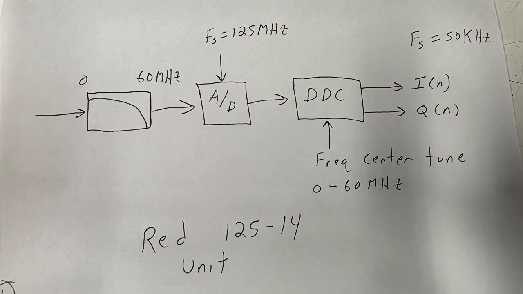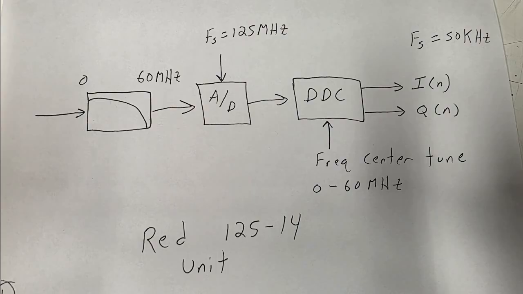And then after the analog to digital converter, in the firmware they have what's called a DDC block, digital down converter, which converts the high sample data to a lower sample IQ stream centered at some frequency that you can tune around.